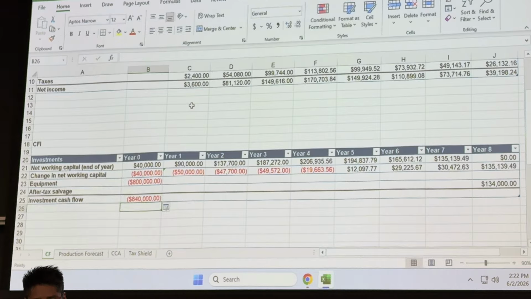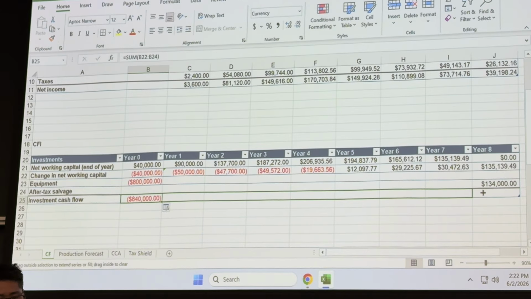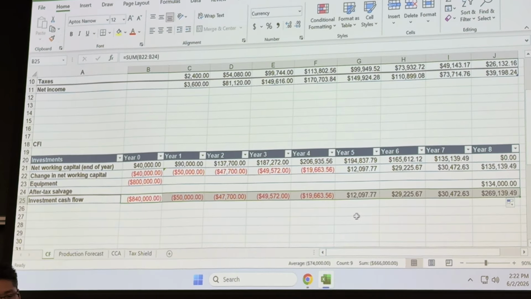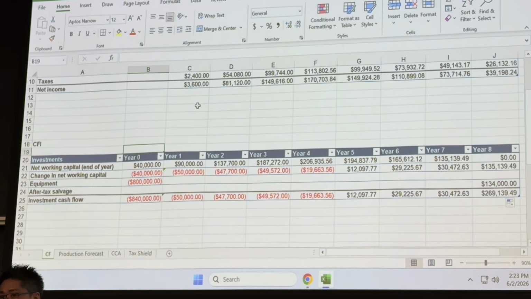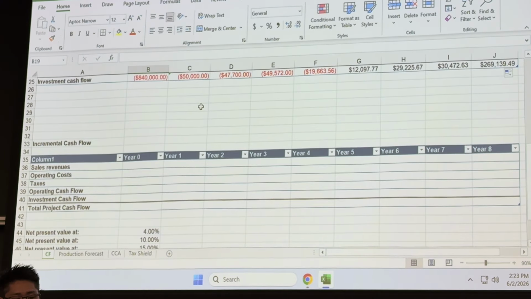All right? So add them together, drag it across from year 1 to year 8. That's the amount of ICF. Any questions? Okay. So that's the table. We're now completed. We're going to move on to the next one.